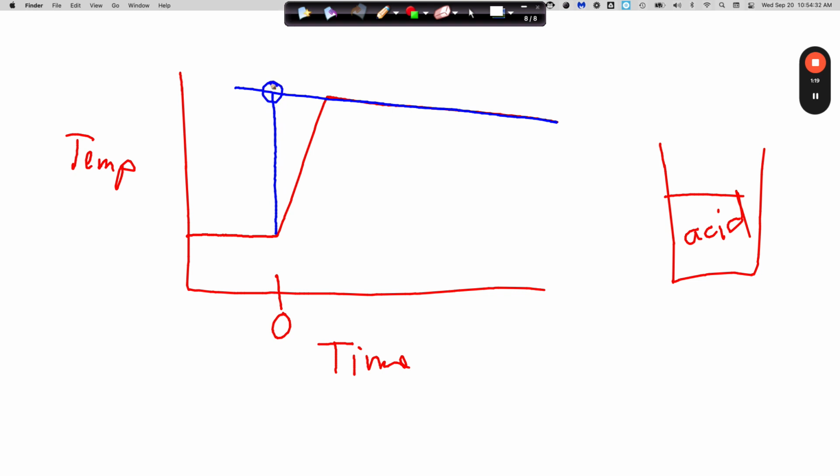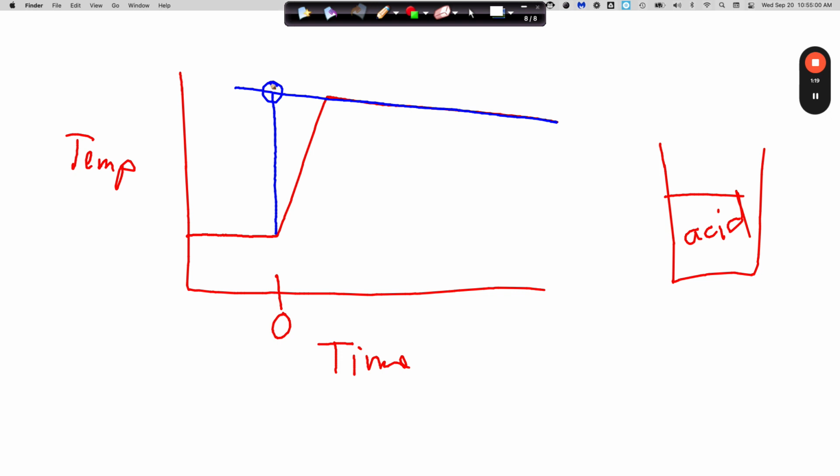Guys, what does that point represent? The temperature that the reaction would jump to had it not lost energy to the surroundings. Let that soak in. Guys, that temperature, which I have circled on the board, represents the temperature at time 0.